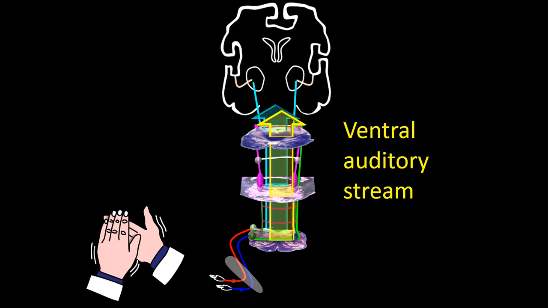They call the dorsal one the dorsal auditory stream and the ventral one the ventral auditory stream.